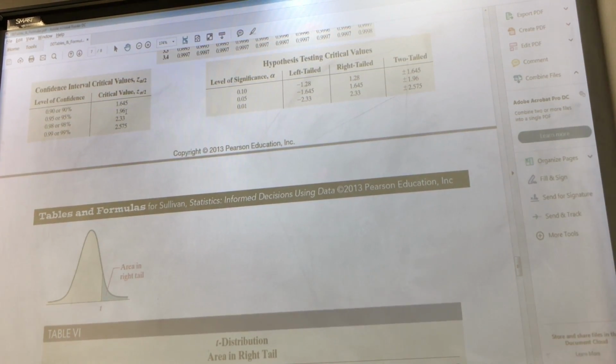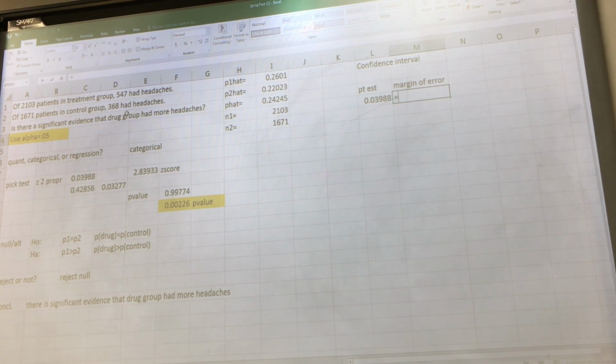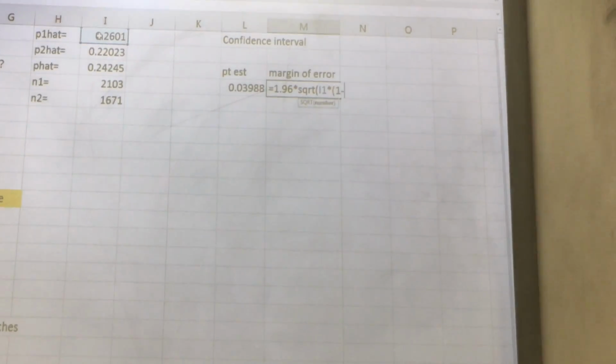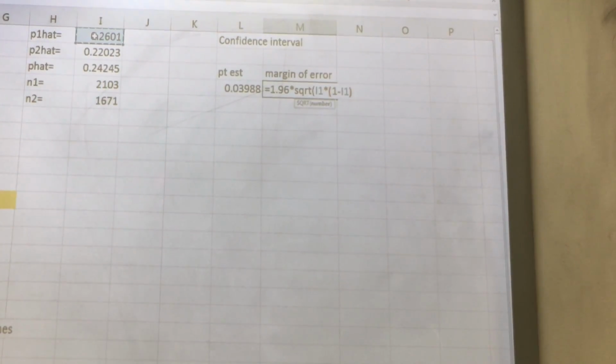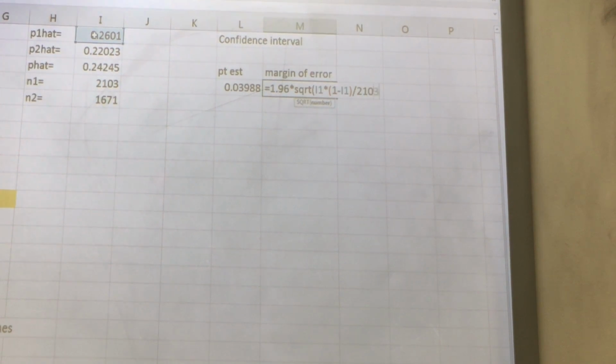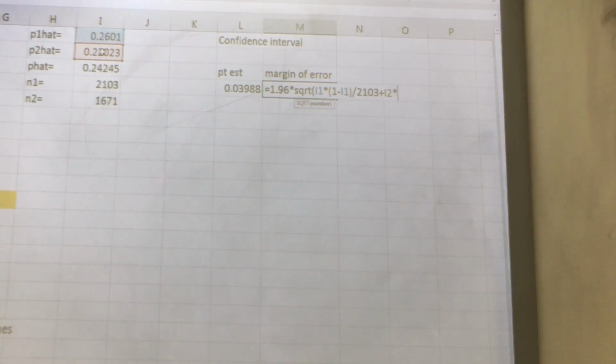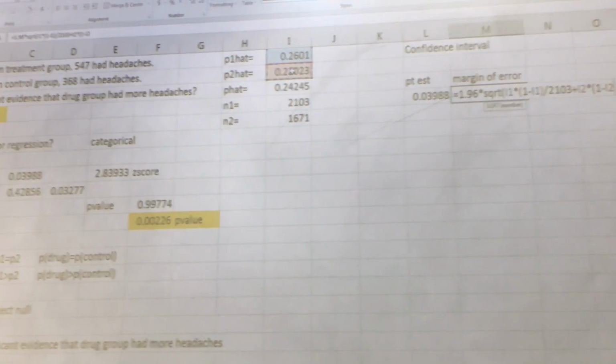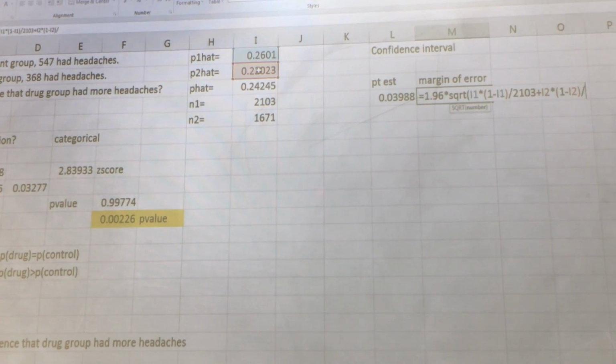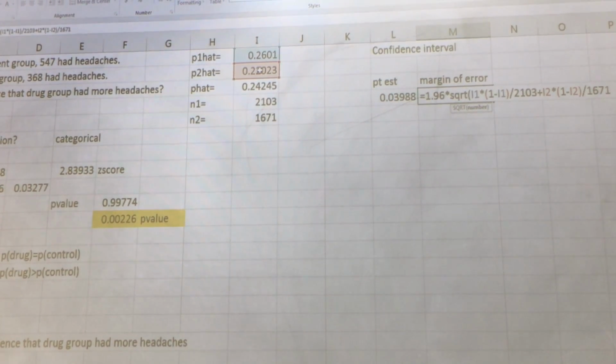So I'm going to do 1.96 times the square root of P1 hat times 1 minus P1 hat, divided by N1, which happens to be 2103, plus P2 hat times 1 minus P2 hat, divided by N2, which is 1671.